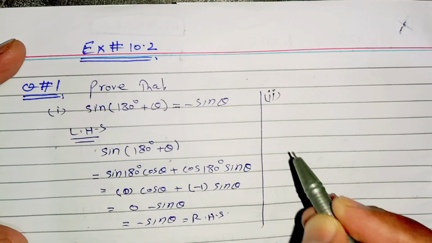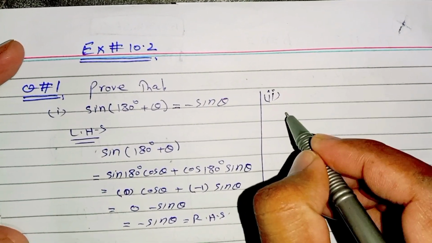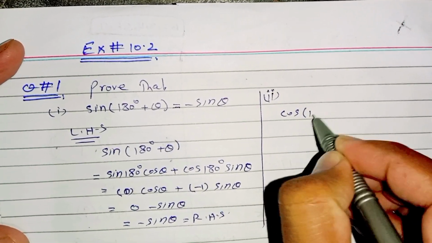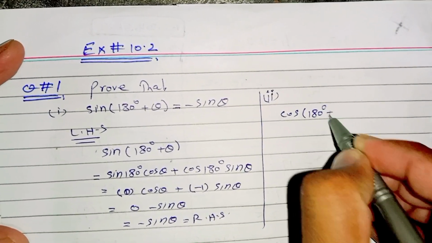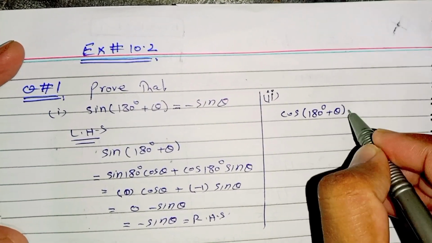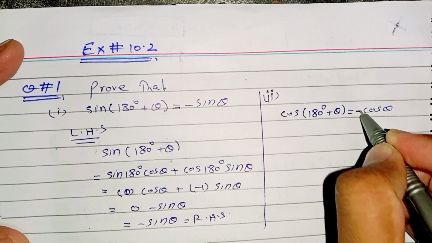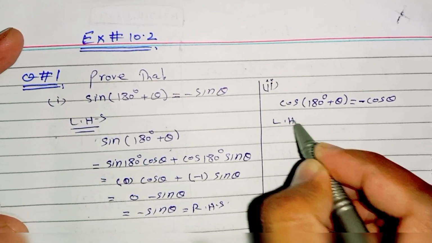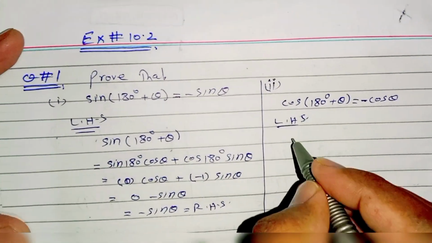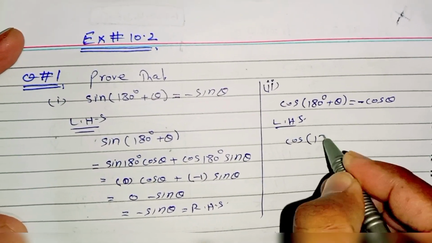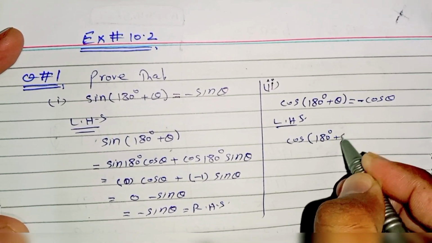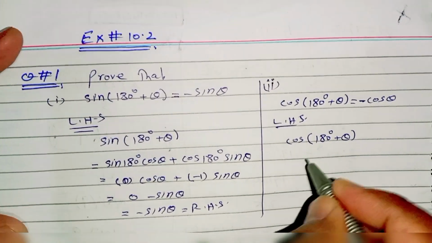Part number 2 of question number 1 is cos(180 degree plus theta) equal to minus cos theta. Now take left hand side, cos(180 degree plus theta).